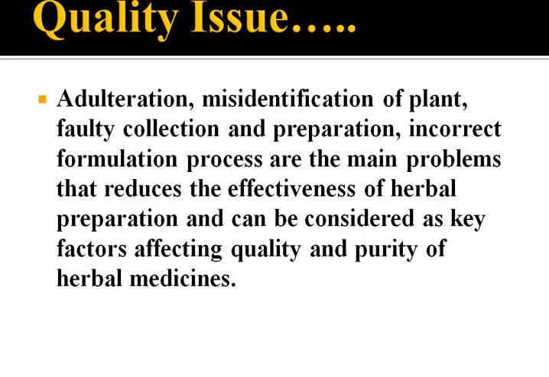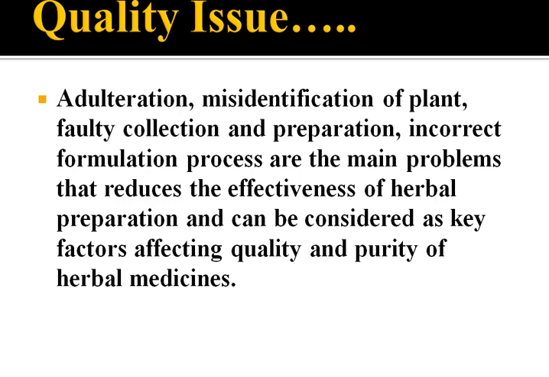Adulteration is the addition of some other part of the plant. Or we have not identified the plant properly, or there is a faulty collection and preparation, or an incorrect formulation process is being used.